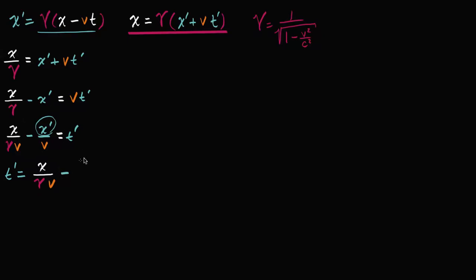So we're going to have gamma times, it's a little bit tedious, but we'll power through it, x minus vt, x minus vt. And if at any point you get inspired, I encourage you to run with it. So we just replaced x prime with this stuff over here, and then we're going to have all of that over v.